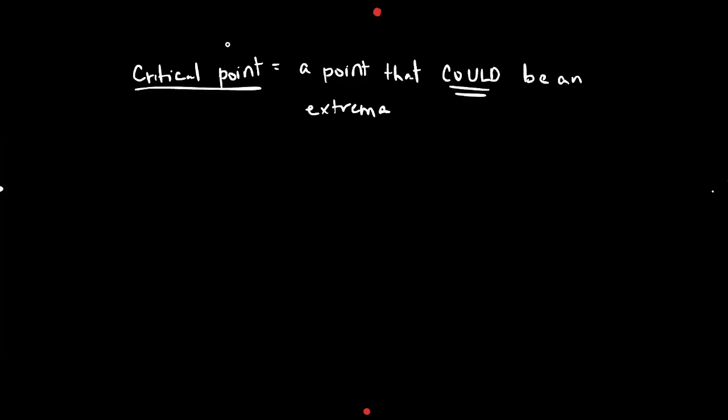So how do we identify if we have a critical point? Effectively, if we're looking at a graph, let's say we're looking at a graph like this, where we have some curves going something like this.